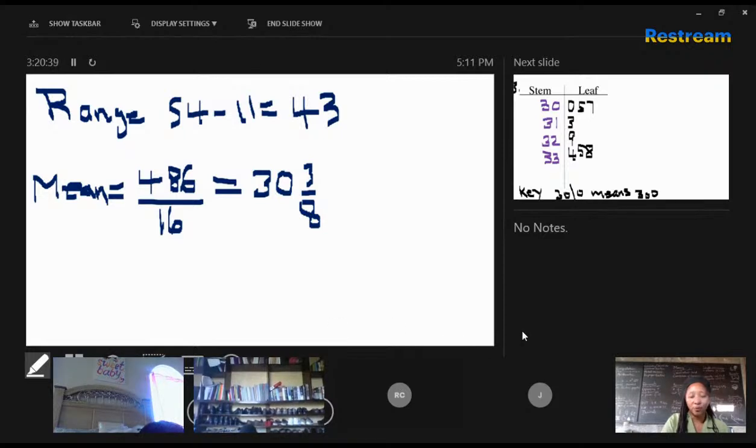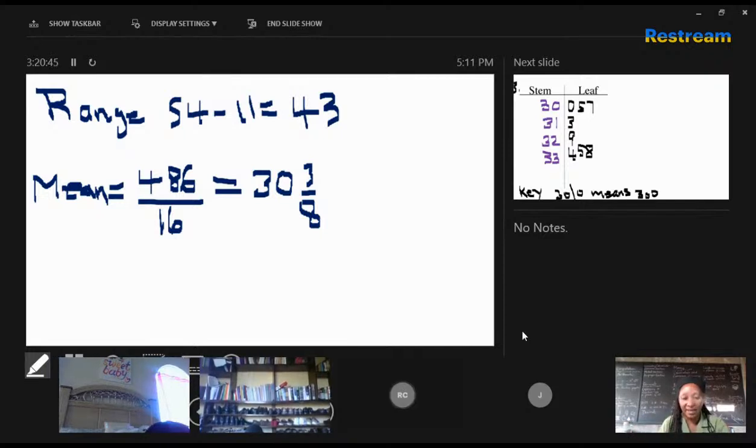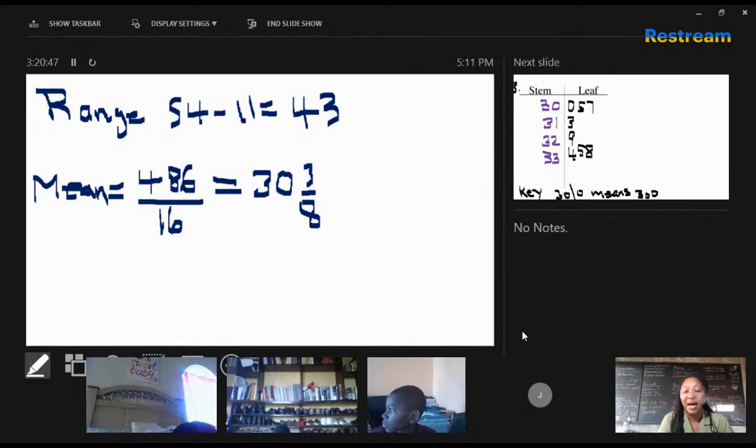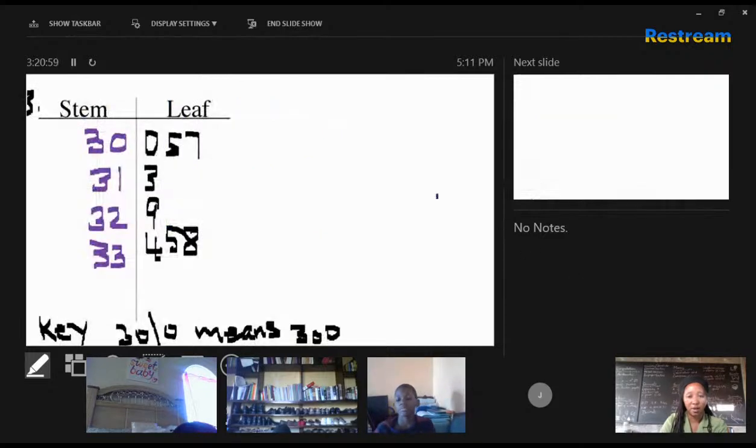So we have two more plots to do like this, as we've been doing, and then we're going to construct some of our own using the raw data. So let's go to those ones. Number 3.